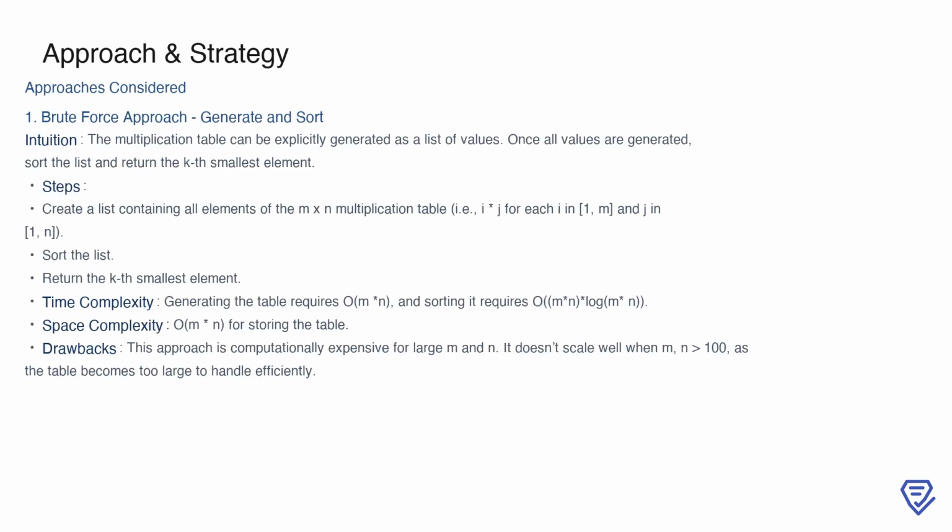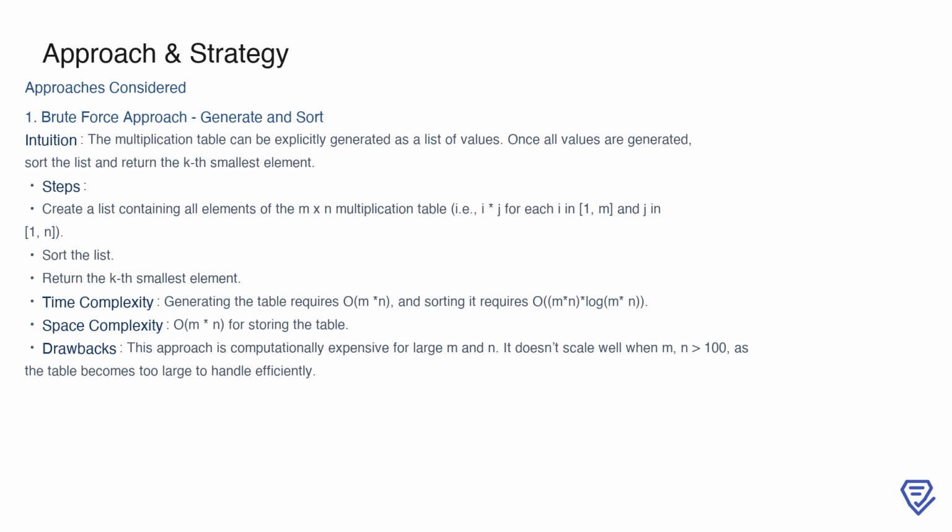To solve the problem of finding the Kth smallest number in an m×n multiplication table, one approach is to use brute force. The intuition here is straightforward: we generate all the elements of the multiplication table explicitly, sort them, and then pick the Kth smallest element. The steps involve calculating every possible product of row and column indices, storing these products in a list, and then sorting the list. While this method is simple to understand and implement, its main drawback is inefficiency.